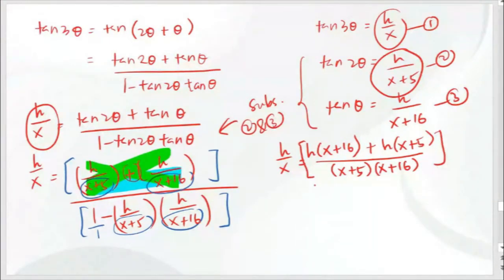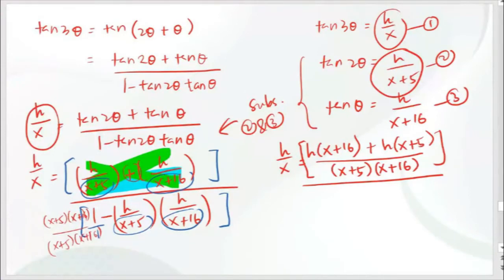Okay, the upper part. Then we go to the second part. I'll let you try again later. You have to try yourself again later. Then this one, 1 minus, this one is a single term, right? So we have to combine them. How to combine them? We have to make the bottoms the same, right? So you have to multiply both by X plus 5, X plus 16 for the upper part, and also do the same for the bottom part.